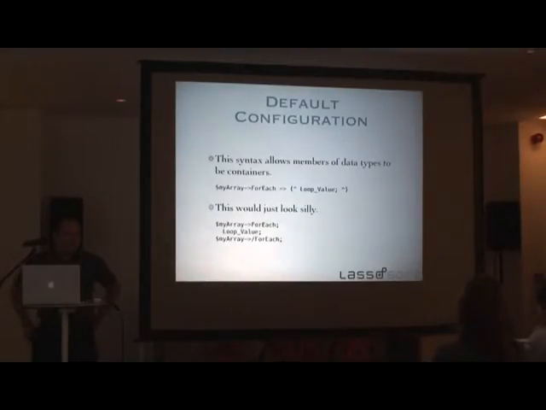If you look at the string type in Lasso 9, it has a for each, which is for each character. It also has for each line. I don't remember what else, but it's able to do for each word. It's able to do different amounts of granularity, and you can't really do that with the iterate tag; it's just one thing.